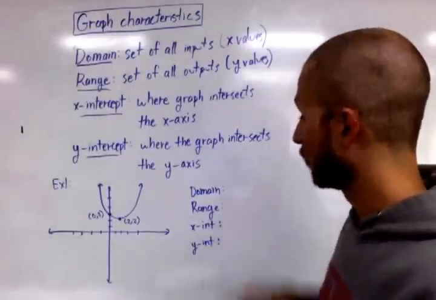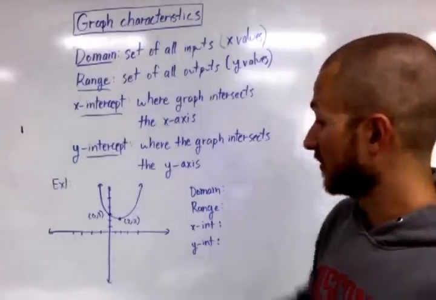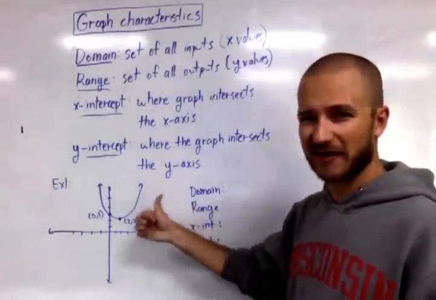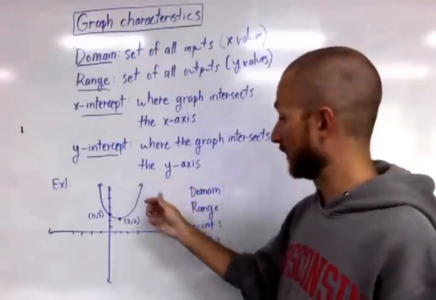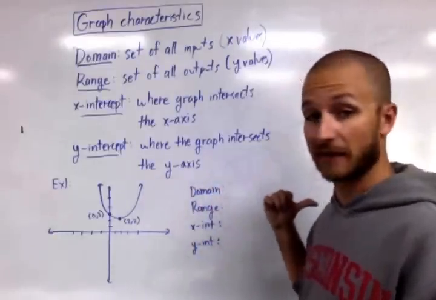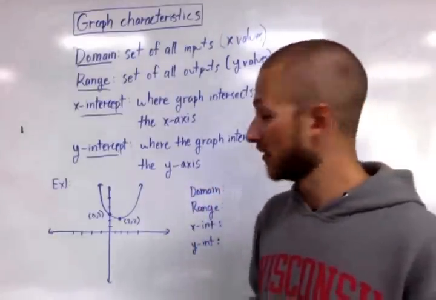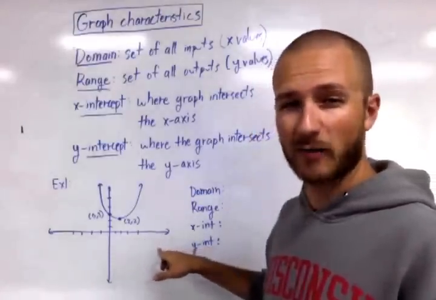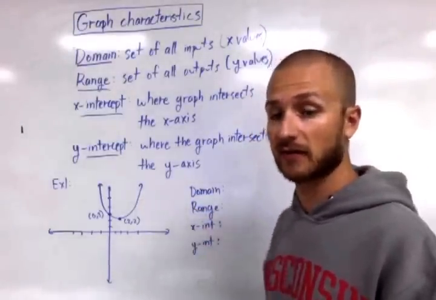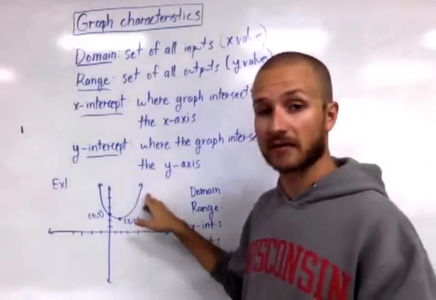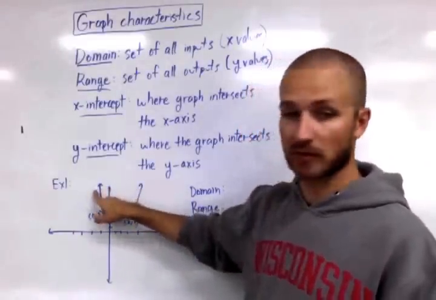For the domain, remember we're looking at the x's. We don't really care that it's going up forever, but we do care that it's going to the right forever. If it never stops going to the right, then no matter how big of an x value I have, it'll eventually be on this graph. The opposite reasoning goes to this one.